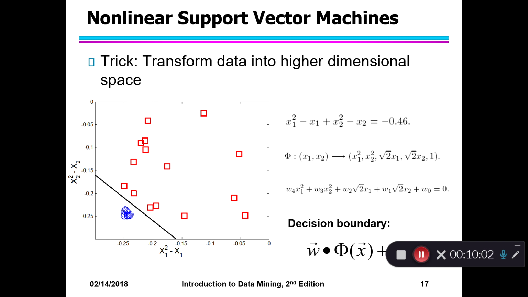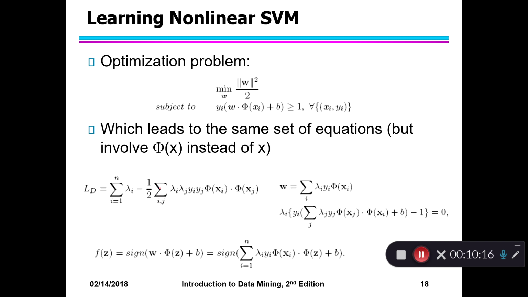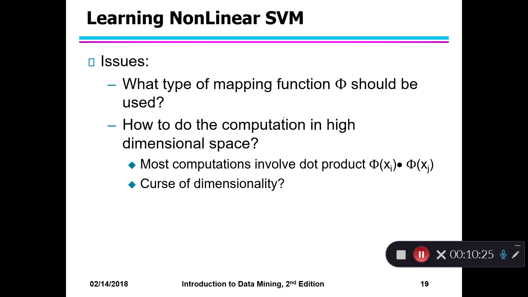It's not a two-dimensional plane. For this, we have a quadratic equation which represents the hyperplane. So we have the equations here, where we can find the hyperplane in non-two-dimensional space.